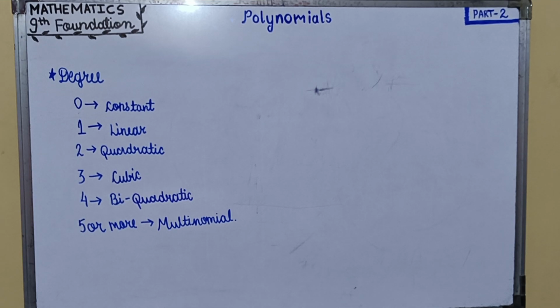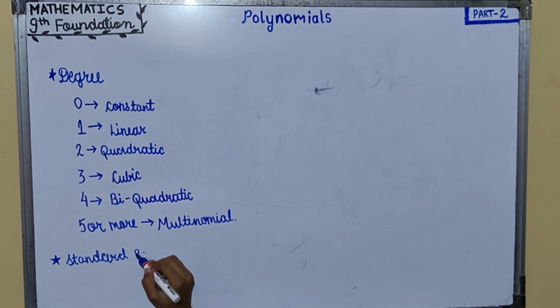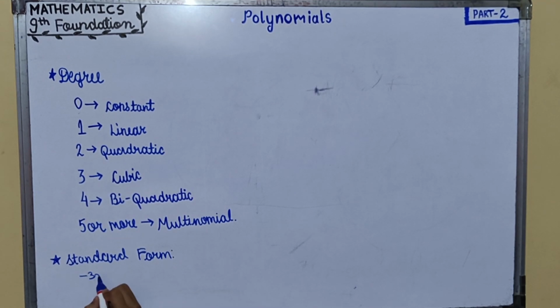Then we have learned the standard form of the polynomial. For example, if there is minus 3x plus 10 plus 2x square minus 9x cube plus 8x raised to 4, and they have asked us to write this in standard form.